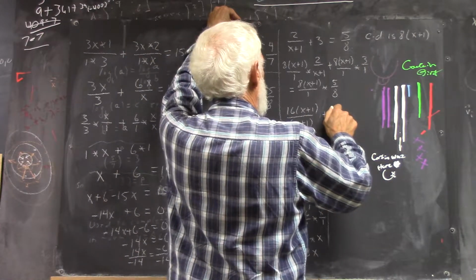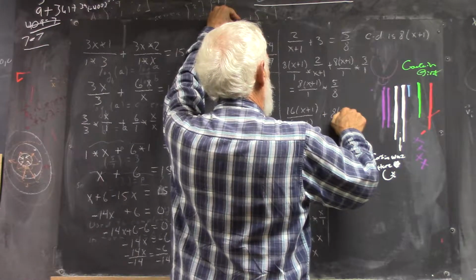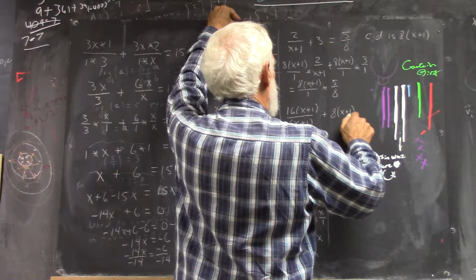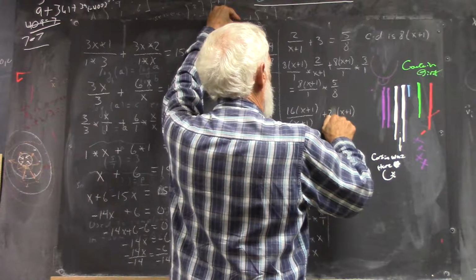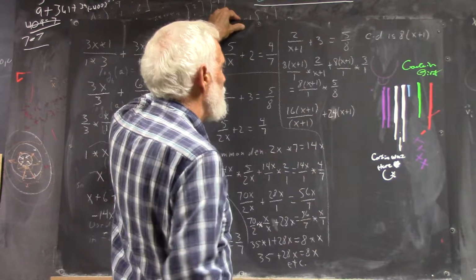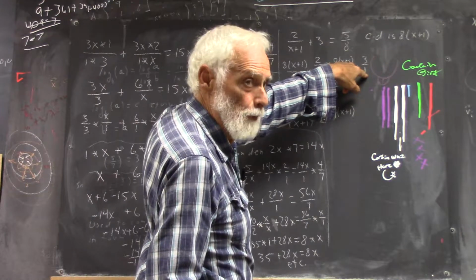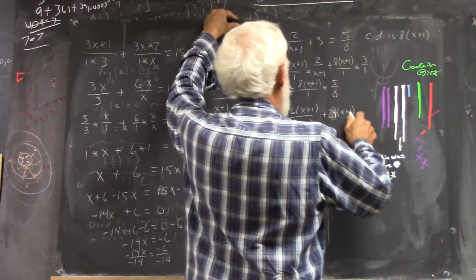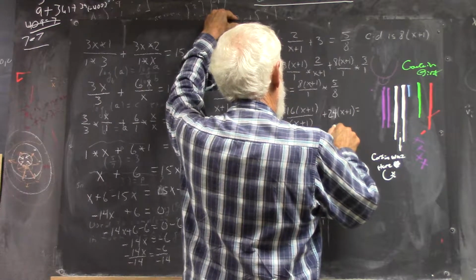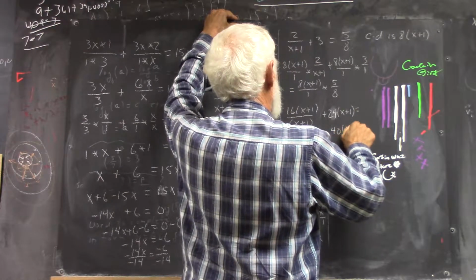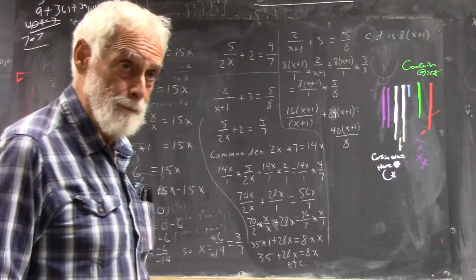And then I get 8 times x plus 1, well, that's times 3, gives me 24 times x plus 1. Dazzling purple colors obscured that 3 for a minute. And that equals 40 times x plus 1 over 8. Okay?